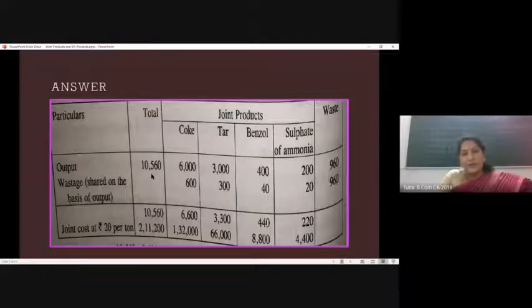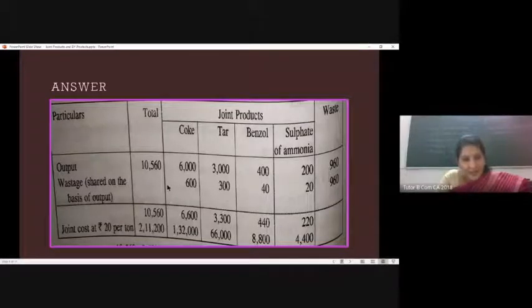The total output is 10,560, and when I total up all these, I get only 9,600. So the difference between these two is assumed as wastage, material wasted in the process. That's why I put 960, the difference being the wastage in the process.